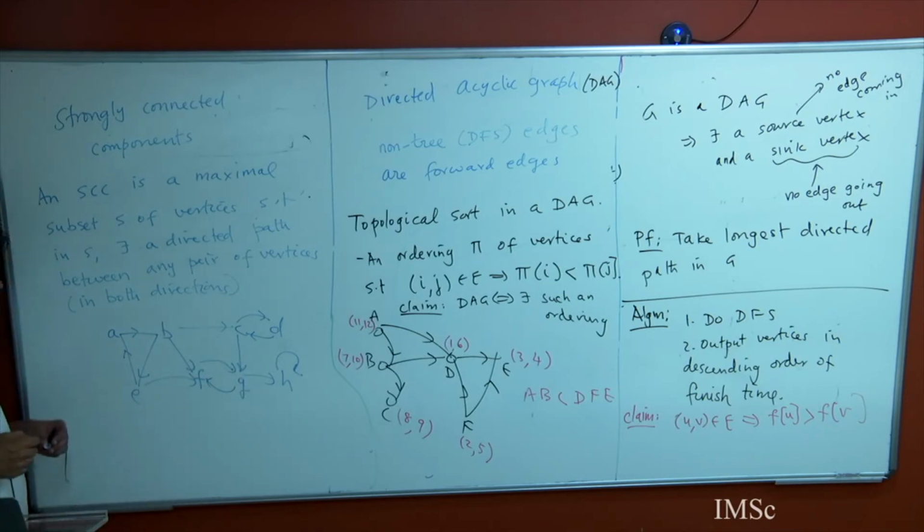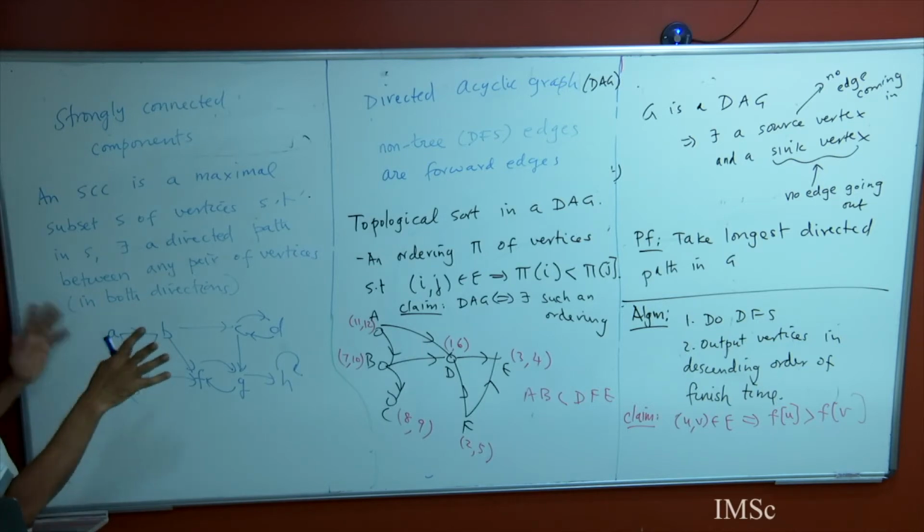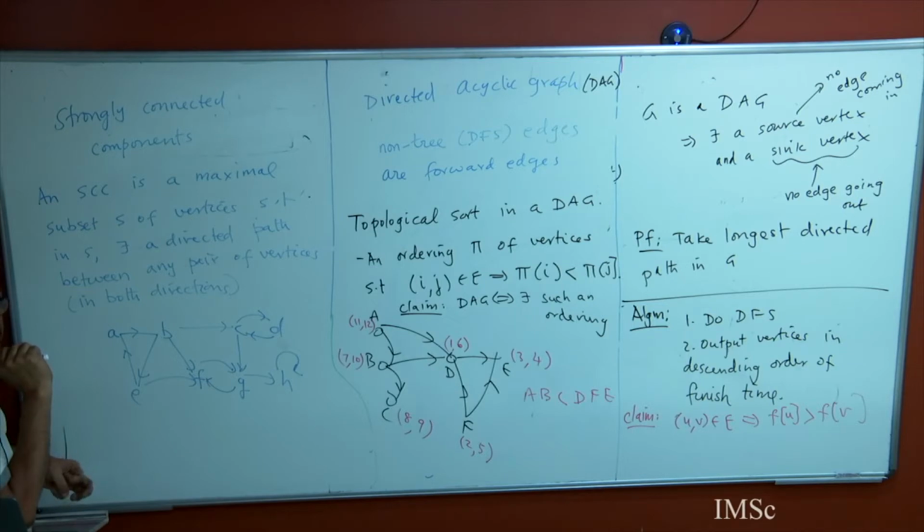Okay, so look at this directed graph. I want to break this into a maximal set of vertices where there is a path between any pair of vertices in the induced subgraph, right? So those are the strongly connected components of the graph. So my goal is, given a directed graph, to break it up into strongly connected components. Okay. So what are the strongly connected components here?